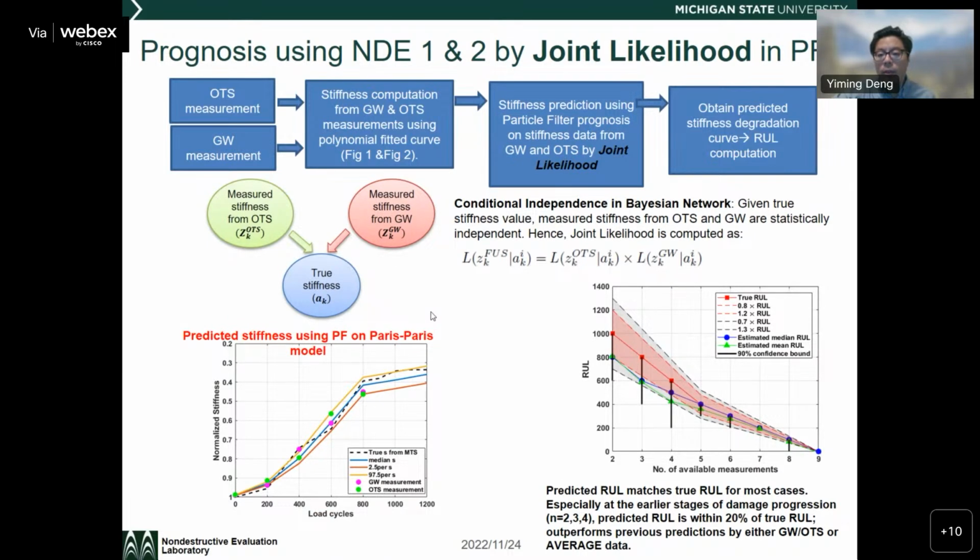Well, we think the correct way to consider the data from guided wave and OTS is in the framework of joint likelihood. Instead of using averaging, you should have a joint likelihood calculated, by the assumption of conditional independence in a Bayesian network.